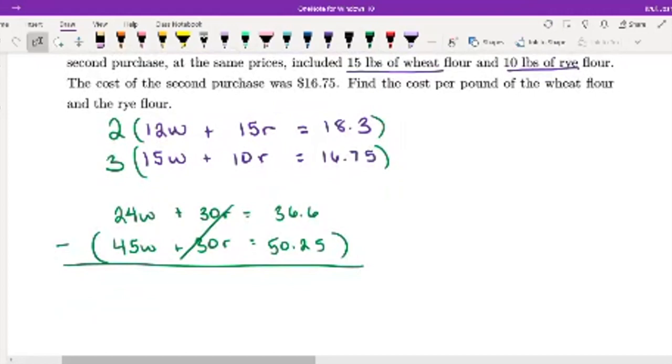You get negative 21W equals negative 13.65. And we'll just divide both sides by negative 21 to get that the pound of wheat flour costs 65 cents.